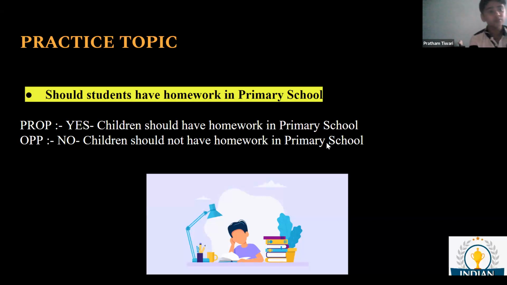And this is one of the main reasons why we can't see many creative students nowadays in India. And even if we see them, they are forced to do things like homework, which take away their time for their actual talent. And that is the reason why homework should not be given to primary school students. Thank you, ma'am. All right, thank you.